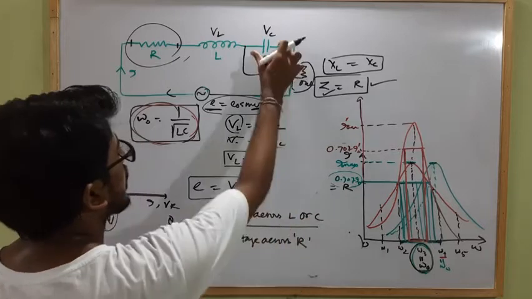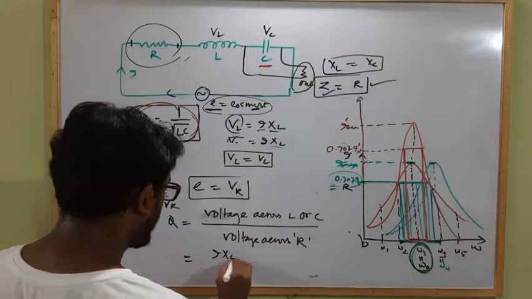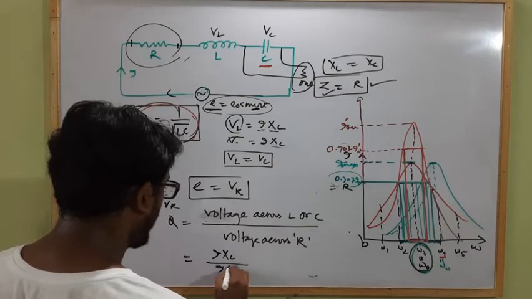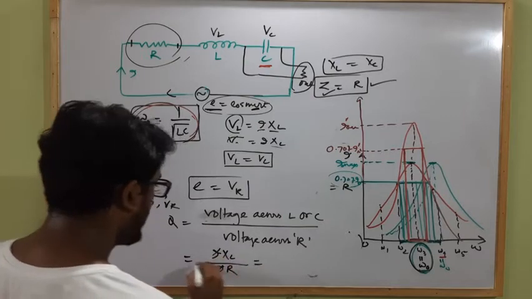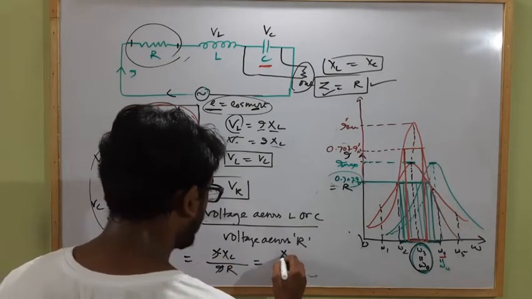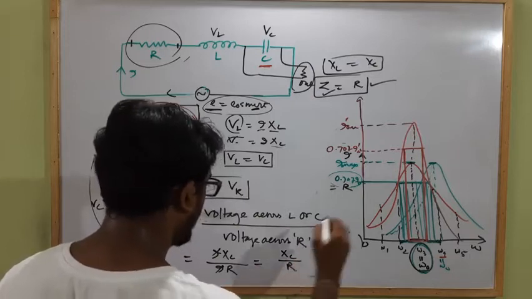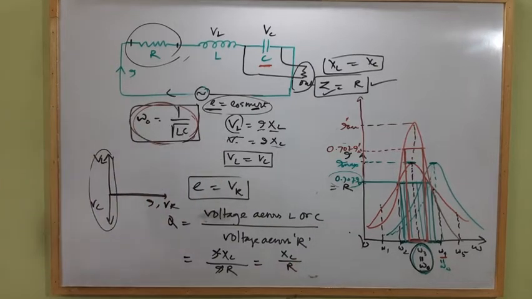If I am choosing the capacitor, it will become I into XC divided by the voltage across the resistor, I into R. So I will get cancelled. So the Q factor will become XC divided by R. What is XC?